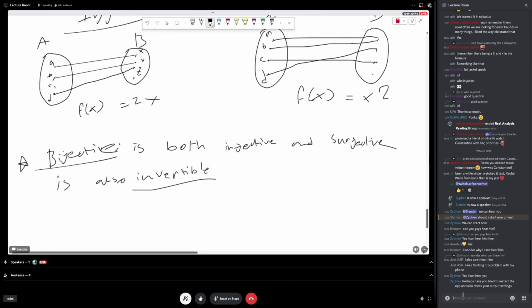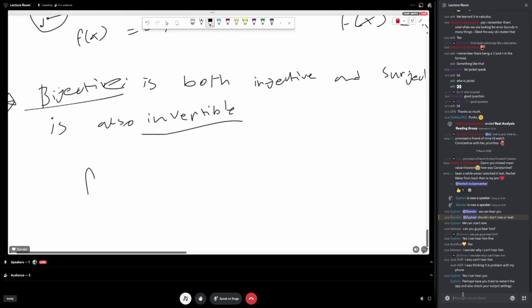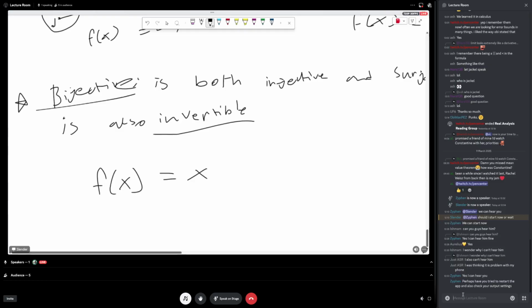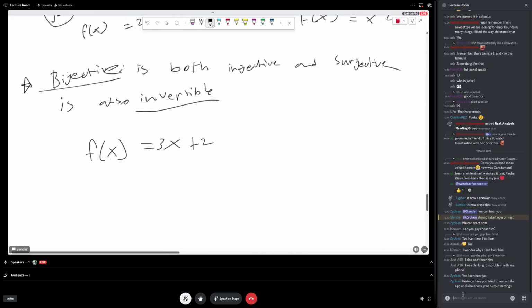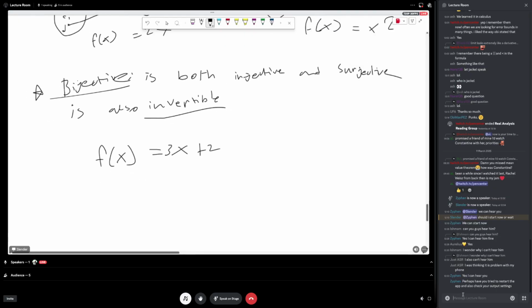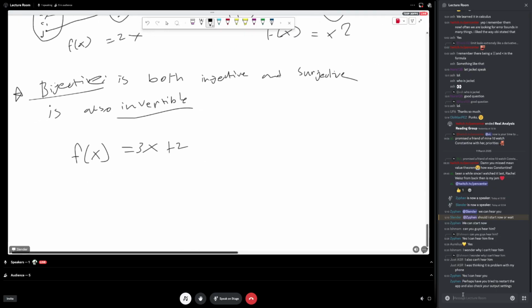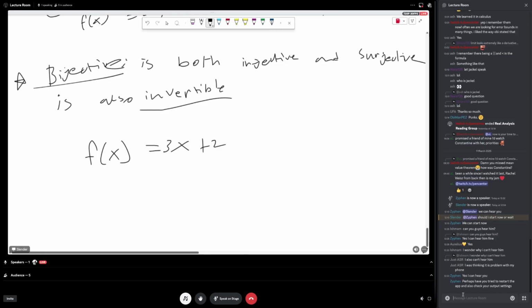An example of a bijective function is, let's say, f of x equals x, or 5x, or 3x plus 2. This is bijective because it is both surjective and injective. You can check this if you want.